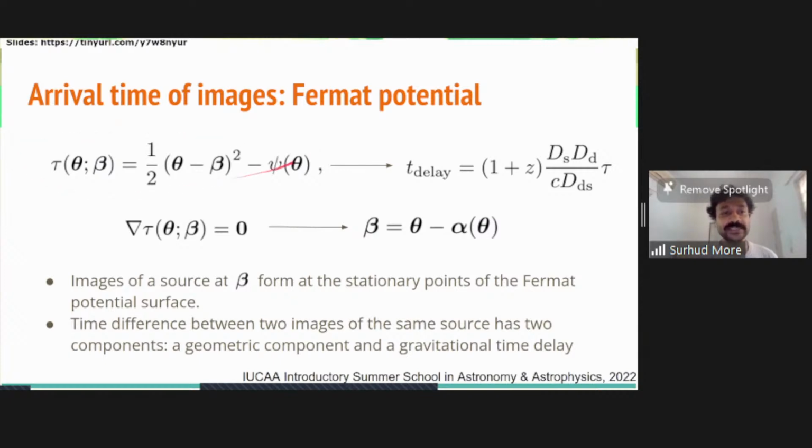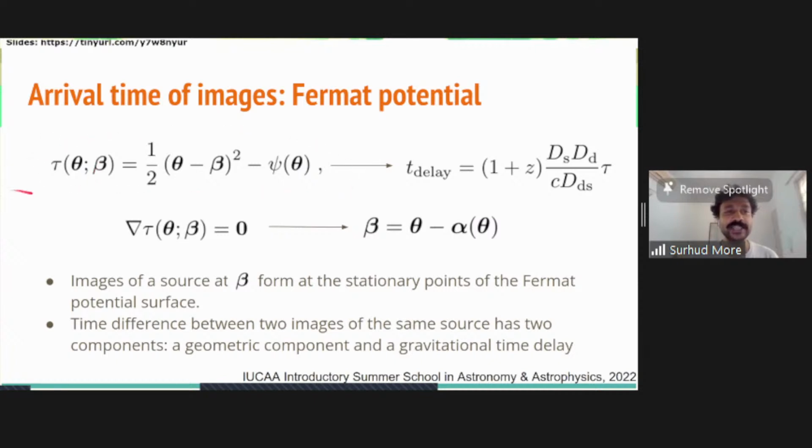So if you look at this particular Fermat potential itself, you can take the gradient of this potential and equate it to 0. What it gives you back is the lens equation, which is quite interesting, right?